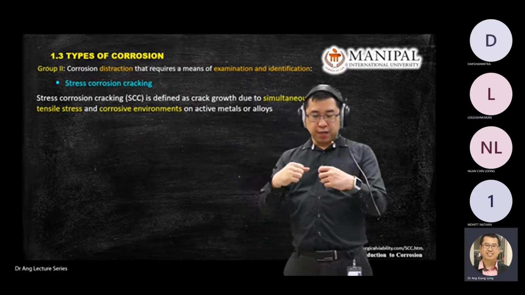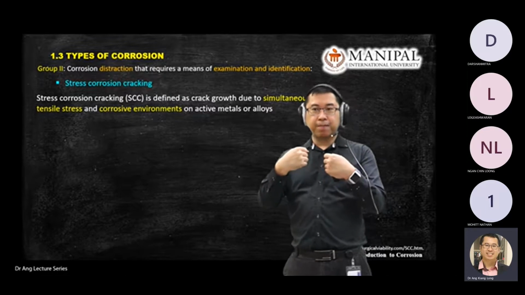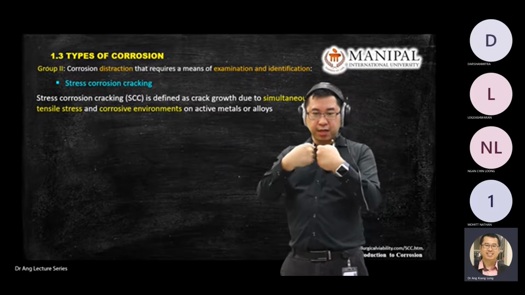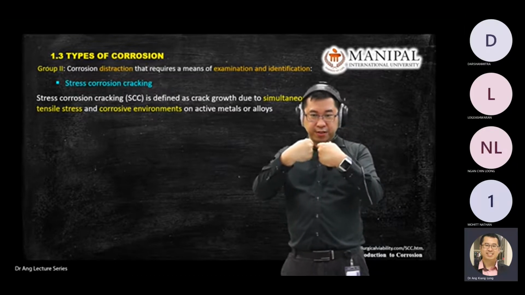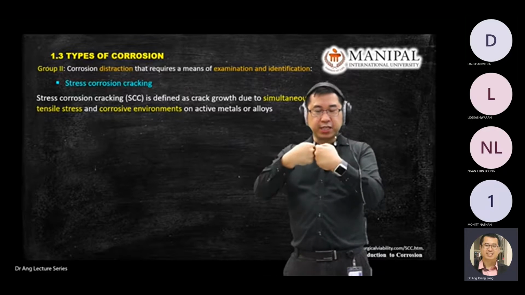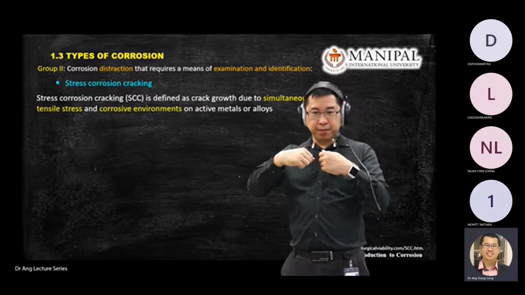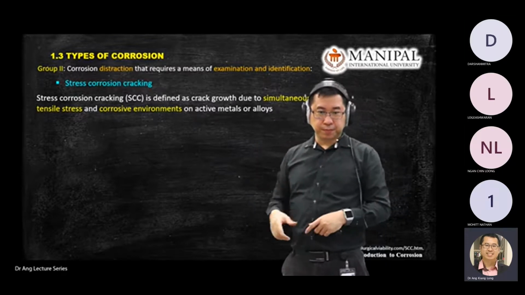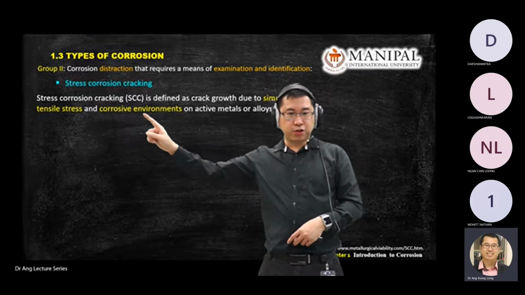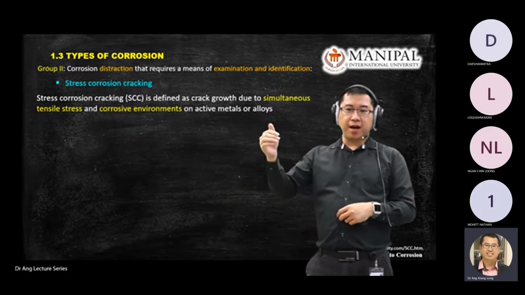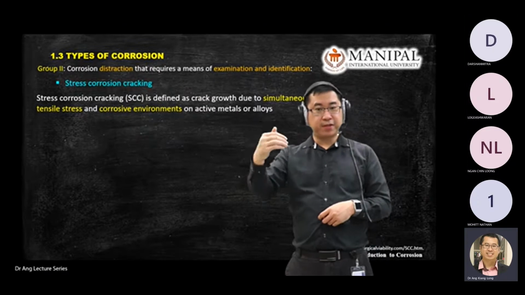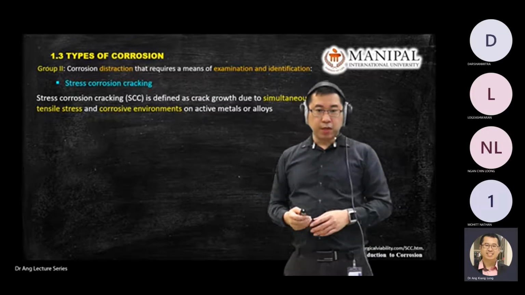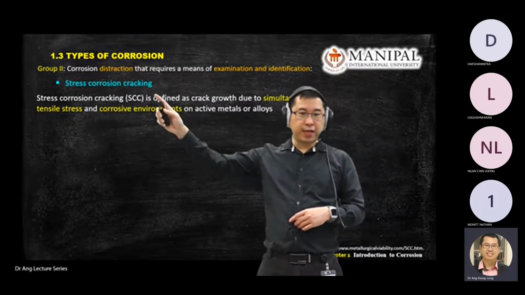Because when you pull, the particles in the linkage in the metals separate a little bit, and something happens in the distance between the metal molecules. Then the corrosive environment, acid comes in, and other corrosive elements, then SCC happens. Just take note on the points on SCC.